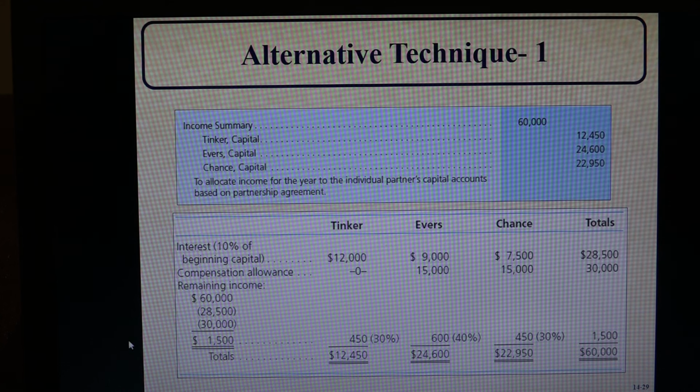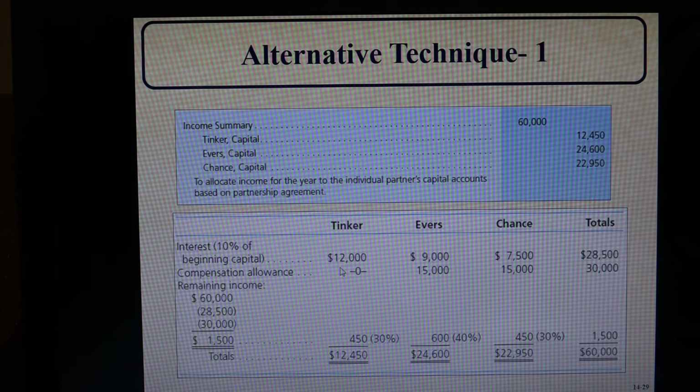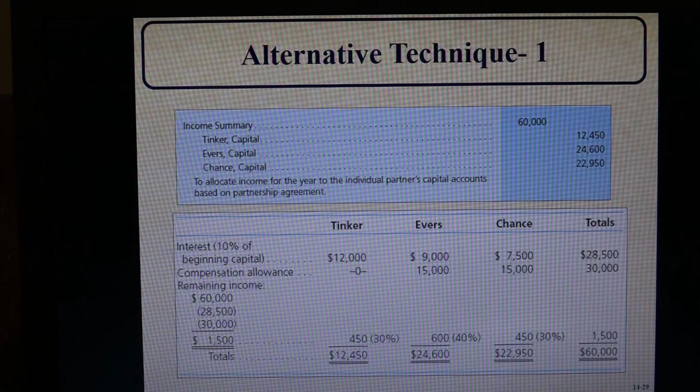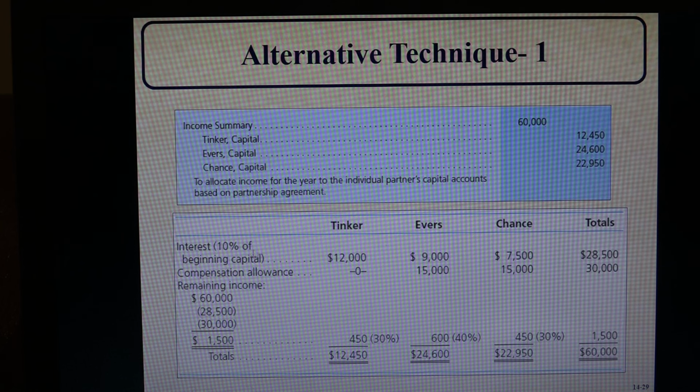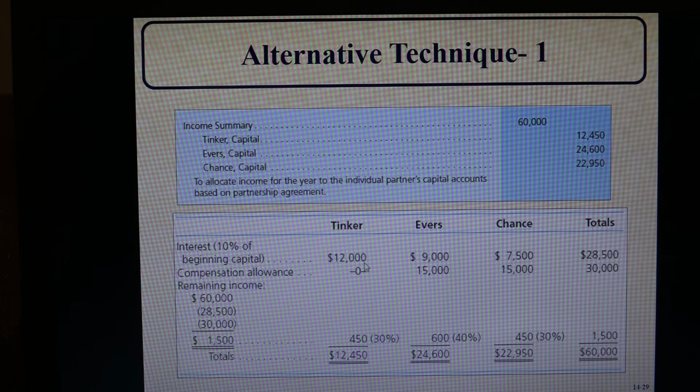So anyway, in this case, they have, again, $60,000 income. If you look at the example here, Tinker contributed $120,000 capital, so he's getting 10% on his beginning capital. So 12,000 of that is 10% of 120.